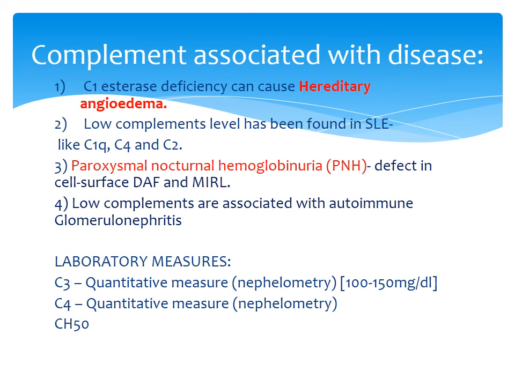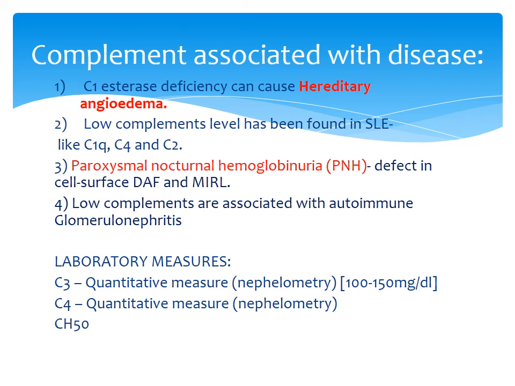Now, these are the complement associated diseases. The C1 esterase deficiency can cause hereditary angioedema. That means the patient will have angioedema due to attack of anaphylatoxin. Next, low complement levels are found in systemic lupus erythematosus. This is an autoimmune disease and these patients will have low complement levels.